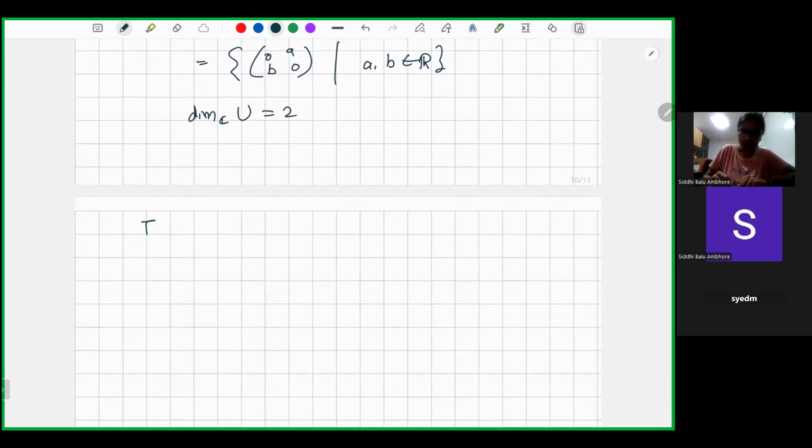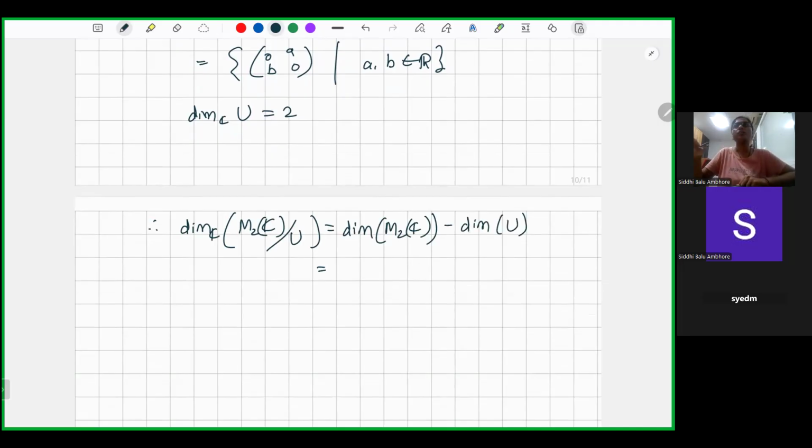Therefore, the dimension of M2(C) quotiented by U will be the dimension of M2(C) minus the dimension of U. The dimension of M2(C) is 4, I hope you know that. It is 4 over C, and over R it is 8. You can check that, but that is a different thing. So we have 4 minus 2, that is 2.